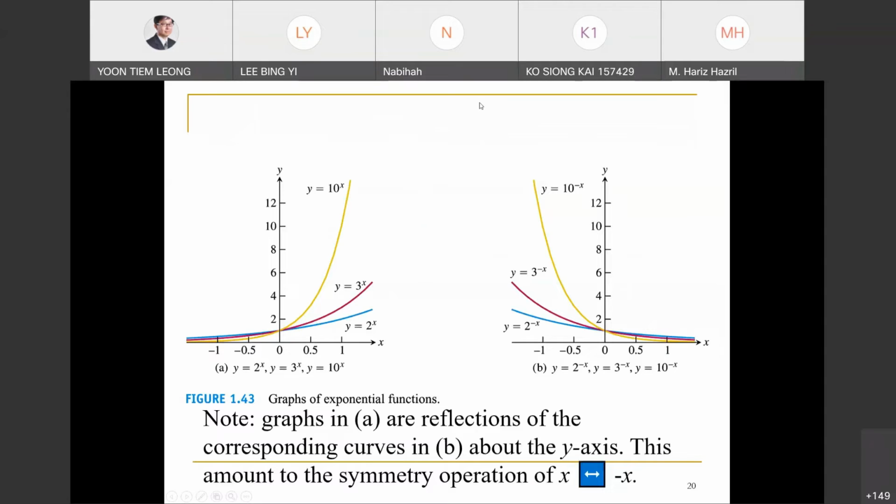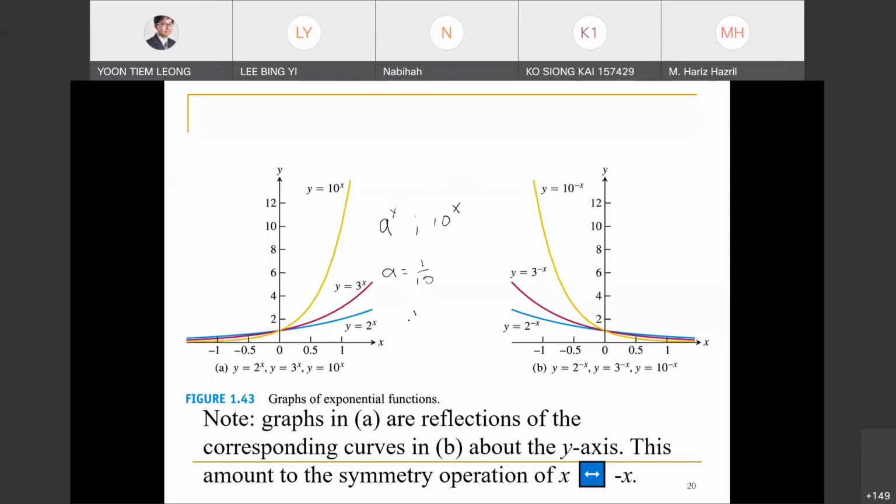Then you can also have a situation where the power of x could be negative instead of positive. If it's a positive power, then it's like this, right? These two are actually very similar. If you have a raised to the power of x, say a is equal to 10, then you have 10 to the power x. Now what happens if a is not 10, but instead 1 over 10?